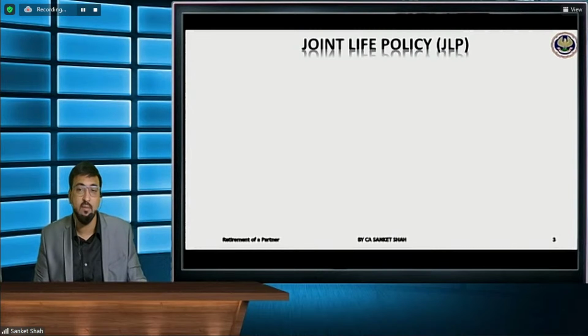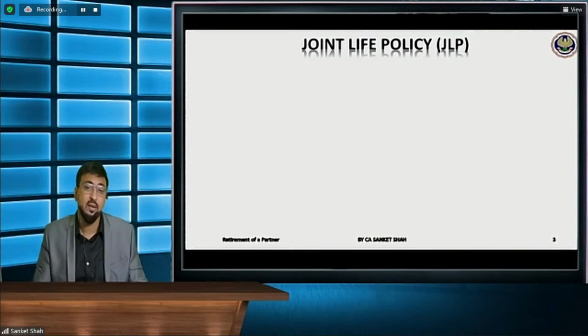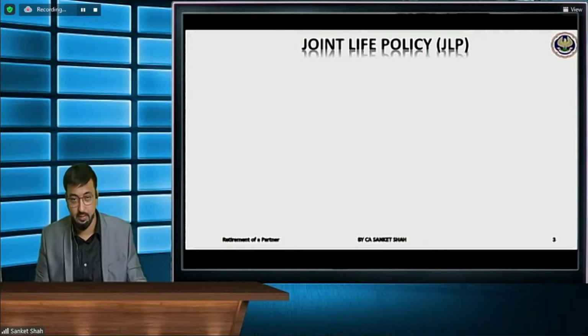Joint life policy. Now, what is the concept? See, if partners are equally important for the business, suppose Sanket sir, Mona ma'am, and Daksh, we are equally important, or Mr. P, we are equally important for the business. If any partner dies, if Sanket sir dies, beta, it will be very difficult to run the business.